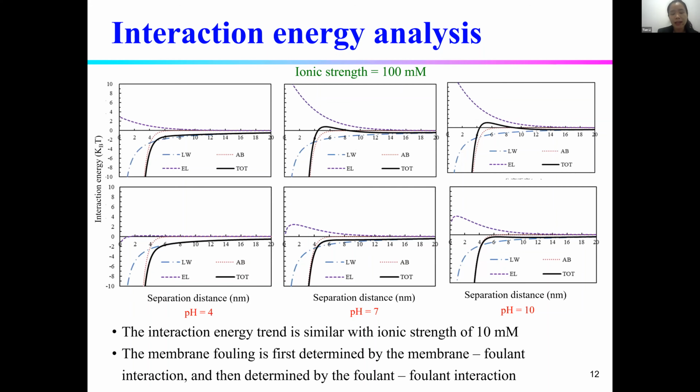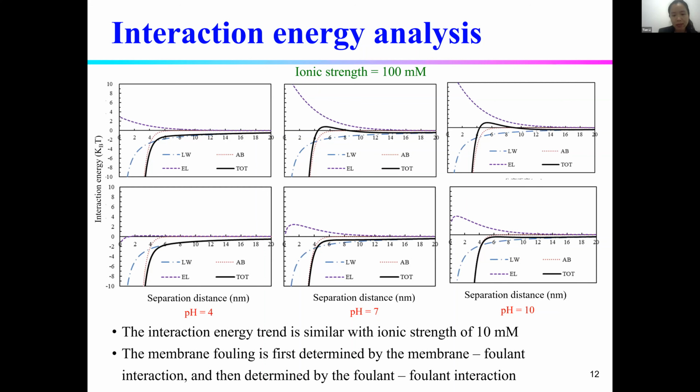That means that the repulsion force is dominant, so the membrane fouling can be reduced. Comparing the higher ionic strength of 100 millimole and the lower ionic strength of 10 millimole, we find that the interaction energy at the higher ionic strength is smaller than that of the lower ionic strength.